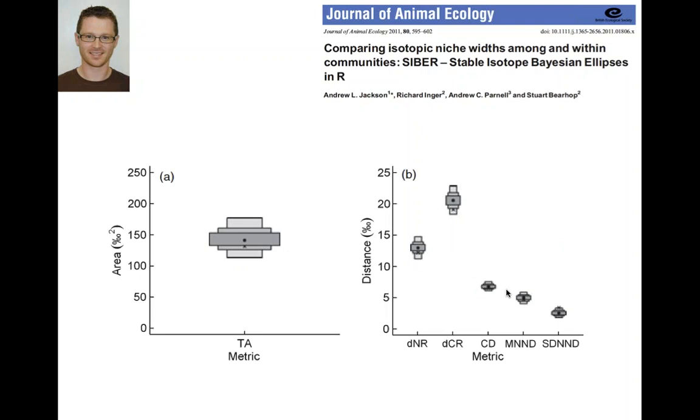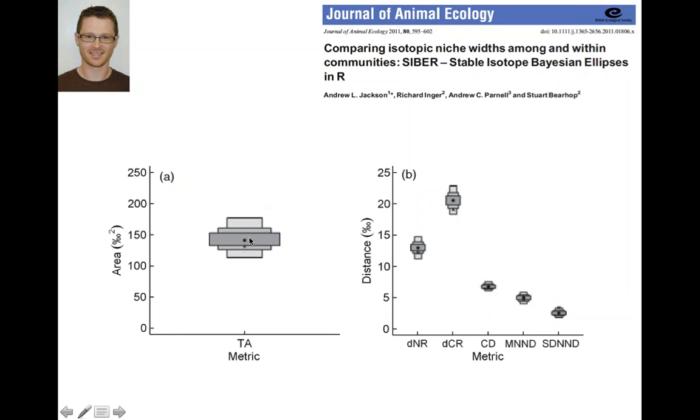So one of the beauties of this is that you can calculate the Layman metrics, but you can also calculate them with an estimated error.